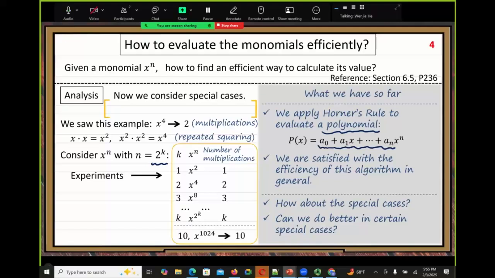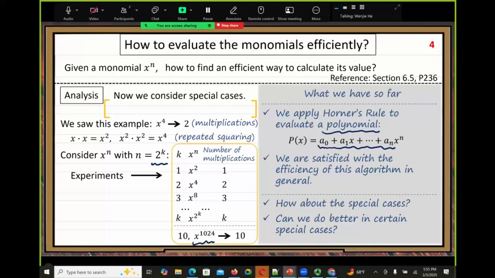So here you can see how much the improvement is. You reduce the number of multiplications. Think about it: if you use Horner's rule to calculate this monomial, how many multiplications do you need?